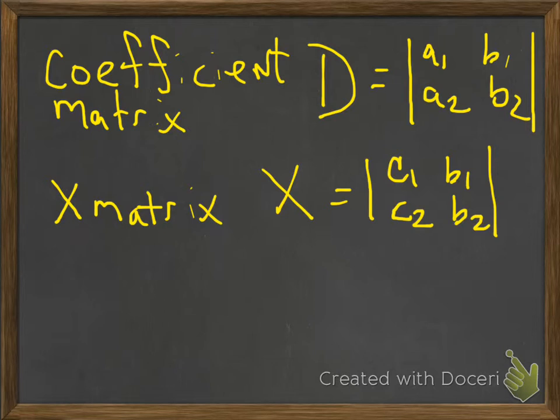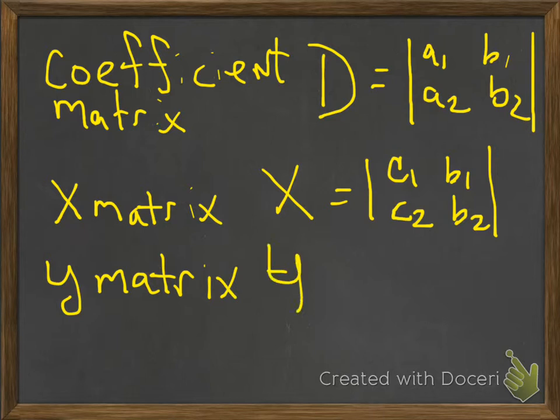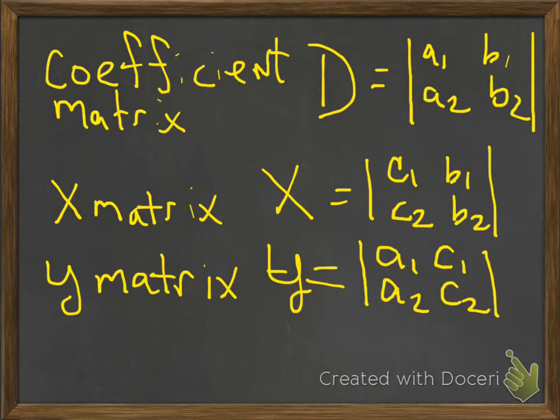And then you'll have a Y matrix, and that one is going to be the X numbers and the answers instead of the Y numbers. So A1, A2, the numbers that were in front of the X, and C1, C2, the answers, what they were equal to. Once you have those, take the determinant of each matrix.